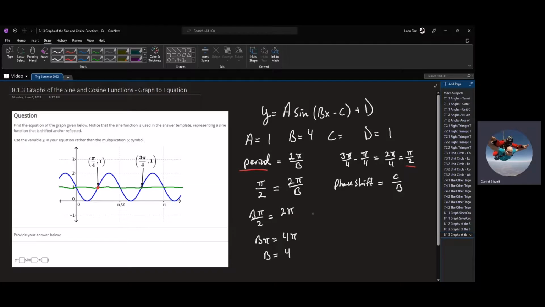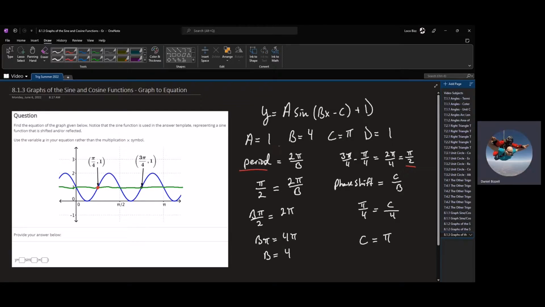So our phase shift is pi over 4, and we're going to set that equal to C over B. But we know what our B is, so we're going to plug that in, and now we're going to solve for C. If we multiply both sides of the equation by 4, we get C is equal to pi. So we have found all the different parts we need for the equation, and we can plug in our answer.